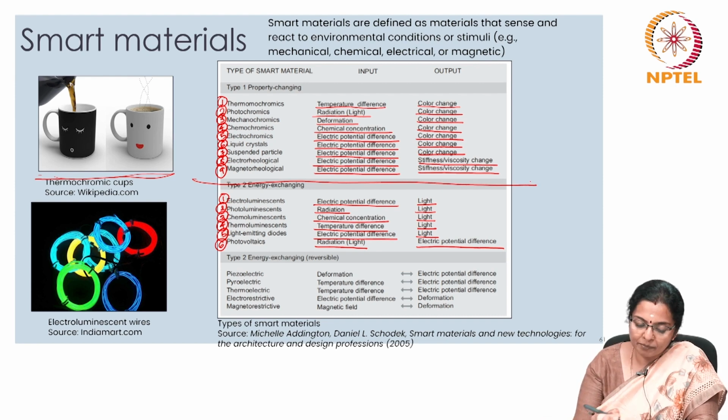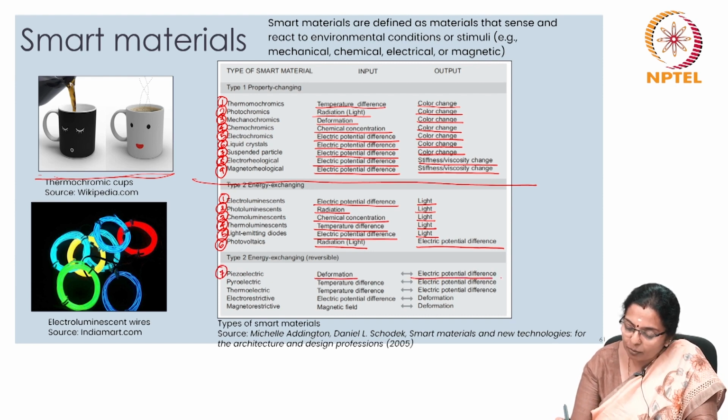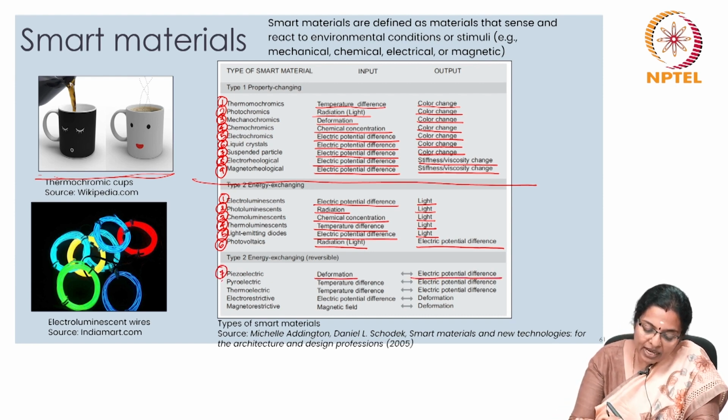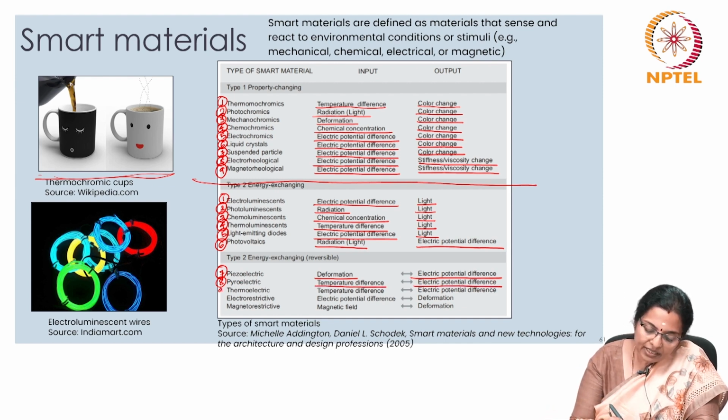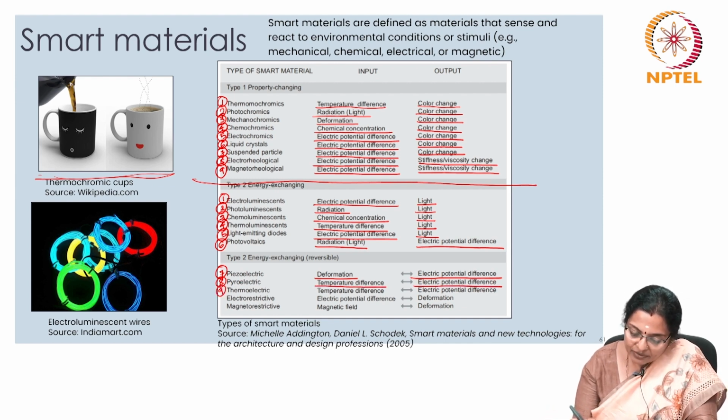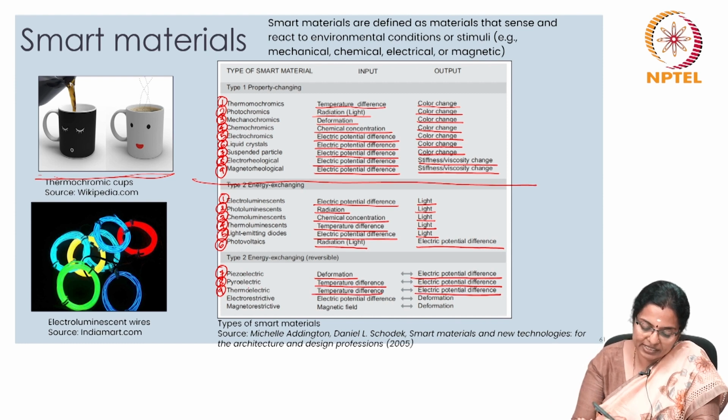So, we have the piezoelectric material, which when deformed gives electric potential difference. The pyroelectric material, when temperature difference is given, it produces electric potential difference. The thermoelectric material, upon giving temperature difference, gives electric potential difference.